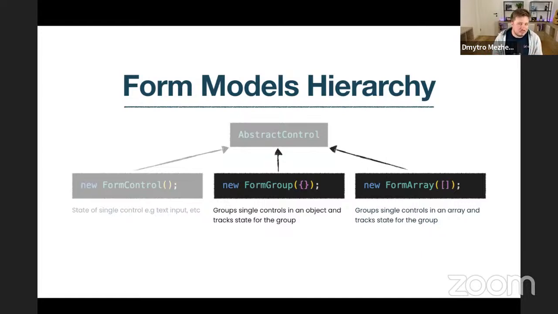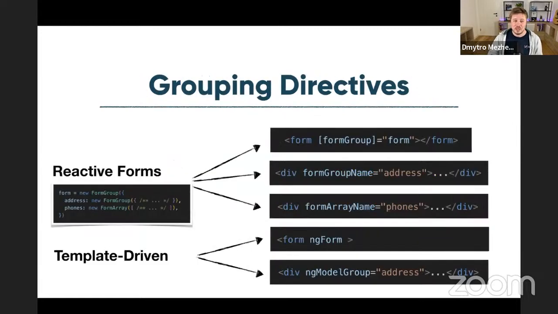With these data structures, it is very easy to work as with an array. So for grouping, we have models, and we have to connect these models somehow. Here, everything works pretty much the same as with the form controls we saw. For that, we also use directives, and depending on the form, we use different directives.